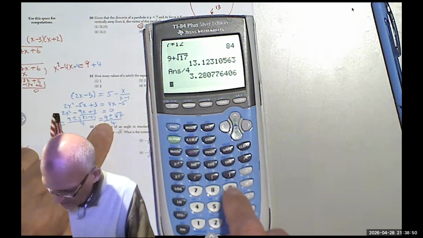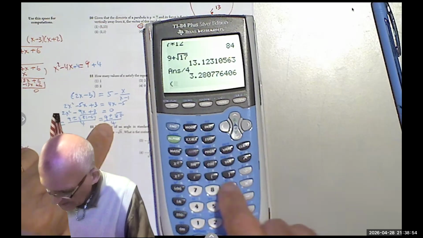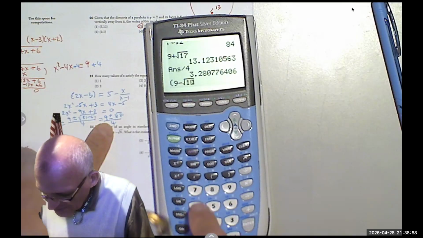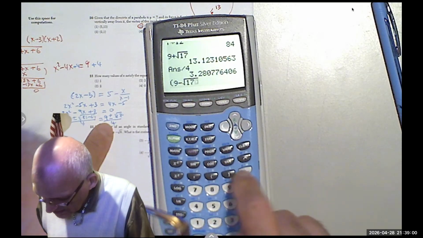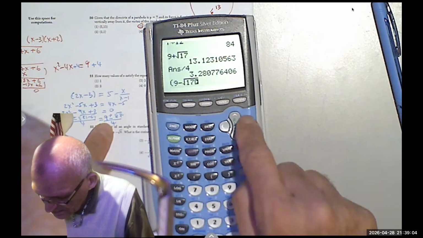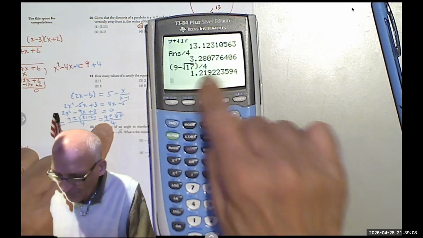So what about 9 minus, well, you know what, between parentheses, 9 minus the square root of 17 over 4. It's 1.22.